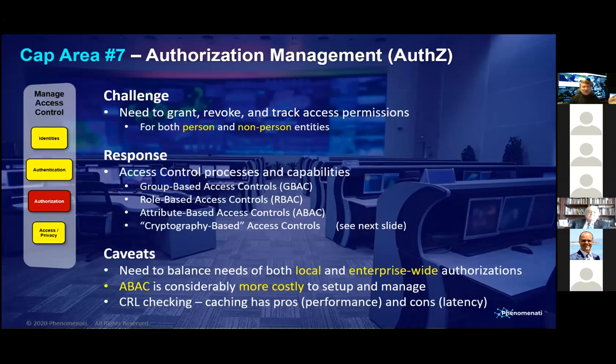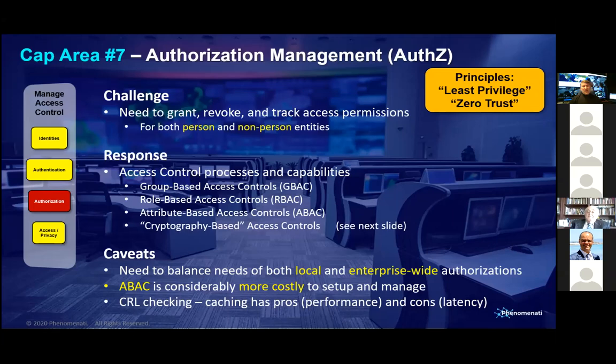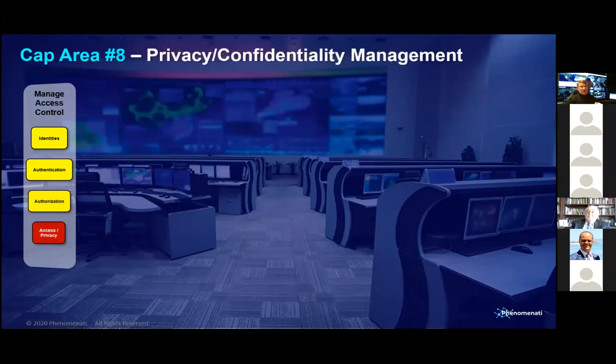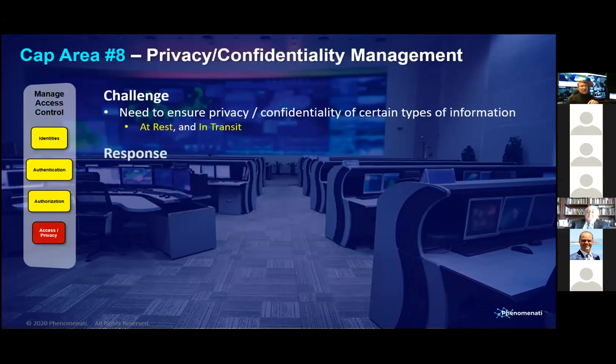This requires not just the discipline in the process, but underlying technologies. The takeaway here are that these principles of least privilege and zero trust, they are making this more complex. I fully support these principles, but I recognize that security operations bears the burden of managing the additional complexity we're introducing into the environment.